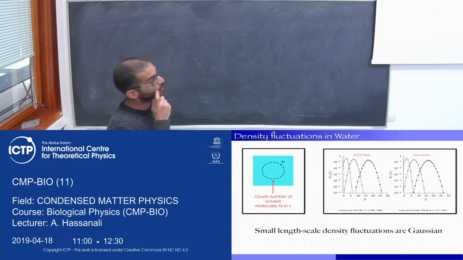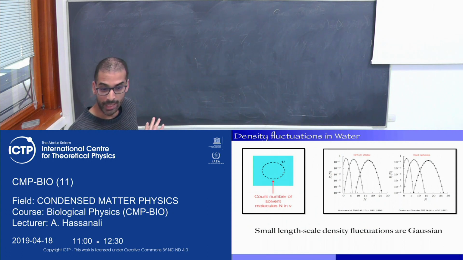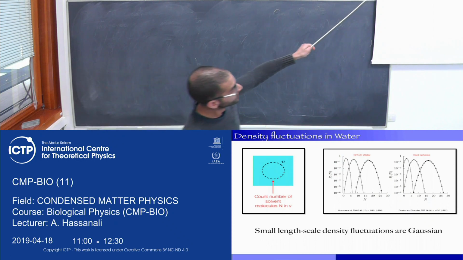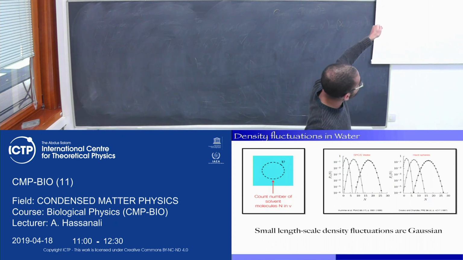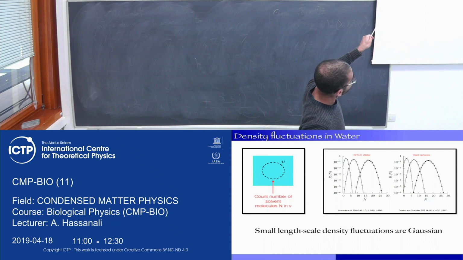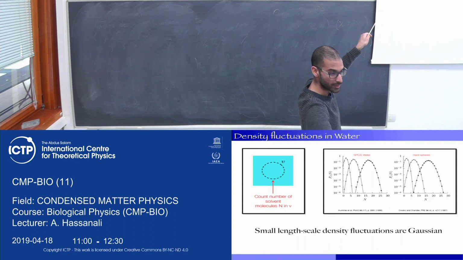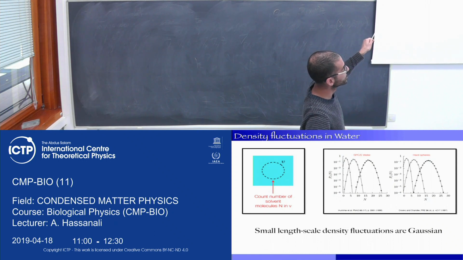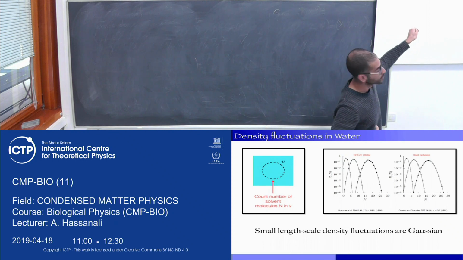Okay, so let's focus on the excluded volume part, because this is the hydrophobic part. So the hydrophobic part we discussed was, I want to sit myself in a liquid, I draw a sphere around me, and I ask, how many particles are there in this sphere? And by counting the statistics of the number of particles in the sphere, I get these types of distributions.